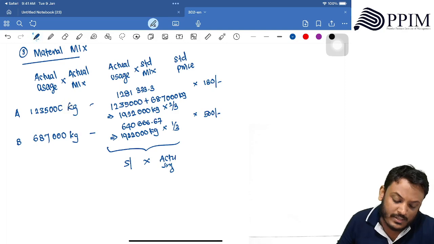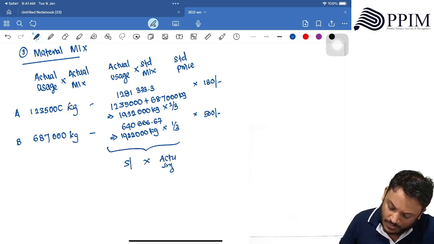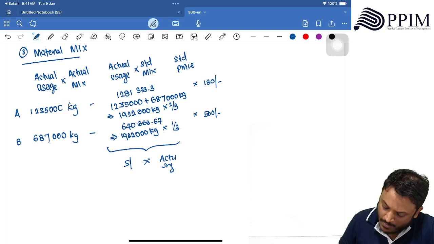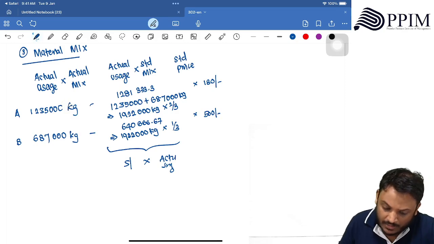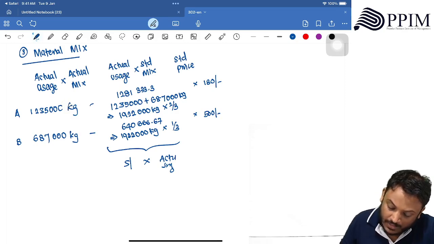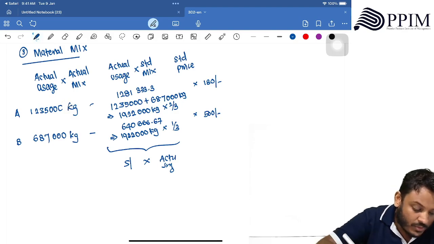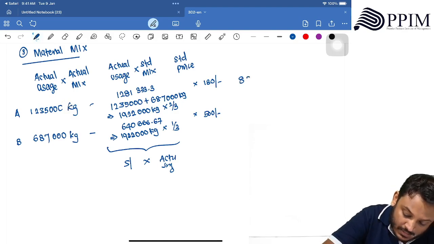So now let's take 1,235,000 minus 1,281,333.3. So 46,333 multiplied by 180 equals 8,340,000.